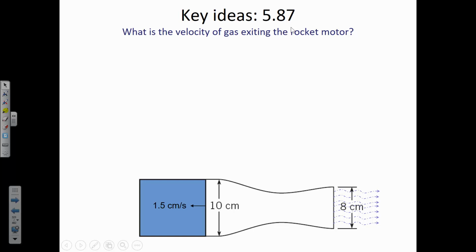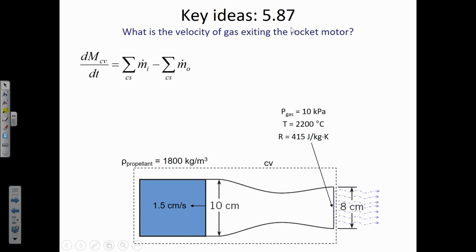So that means that if you draw a control volume around this thing, then there is a decrease in the mass inside of the control volume. So here, the change in mass in the control volume over time is going to be negative.